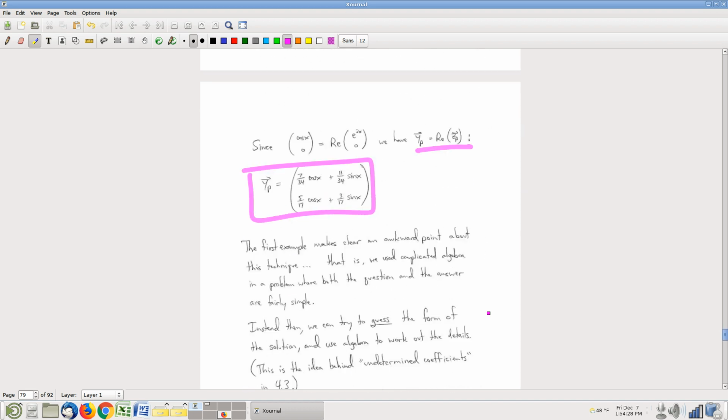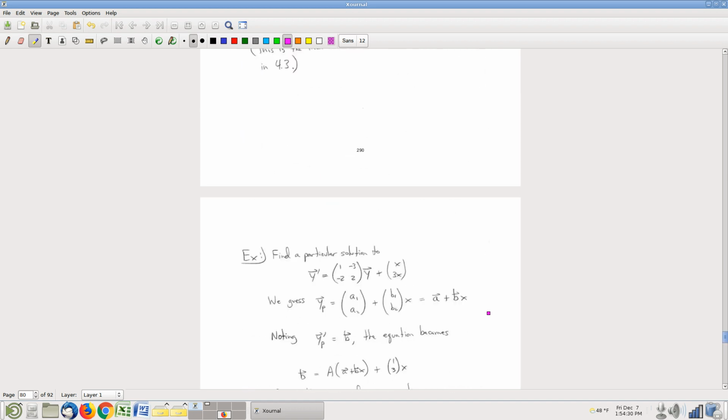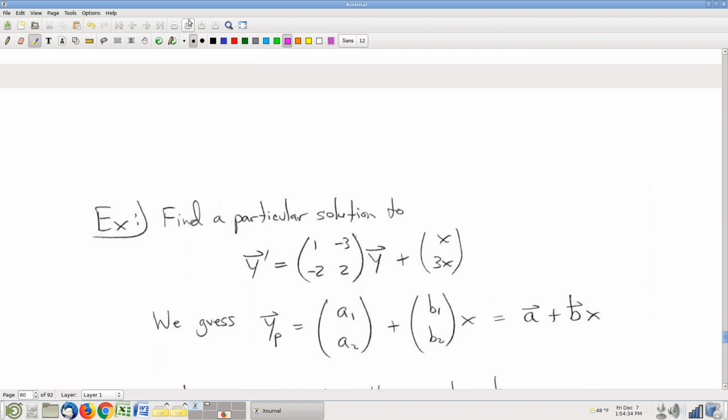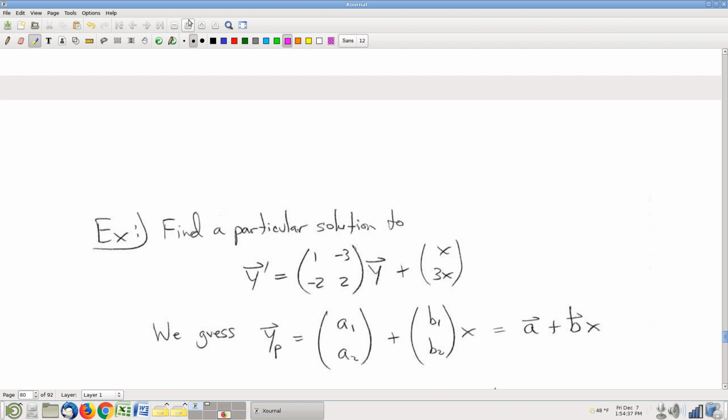Let me show you how this works. It is, roughly speaking, a rip-off of section 4.3. Remember in section 4.3, we look at a non-homogeneous equation, we look at the right-hand side, we speculate about, given that this right-hand side takes a certain form, it seems like the solution is going to have certain kinds of terms in it.